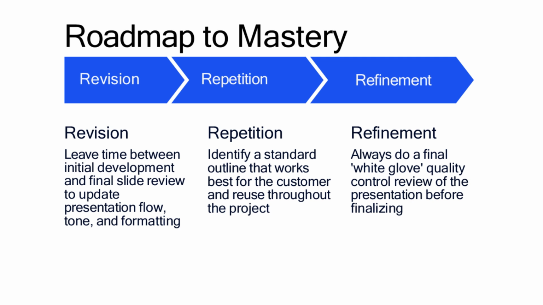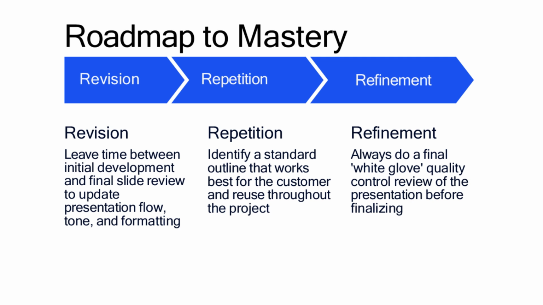And then finally, refinement. Always do a white glove quality control review of your presentations before you send them out, before you get ready to share them during a presentation. You don't want mistakes, information that you intended to delete and forgot about it. You don't want those small things to distract your audience from what you're talking about.